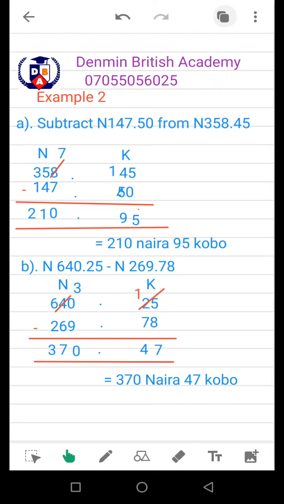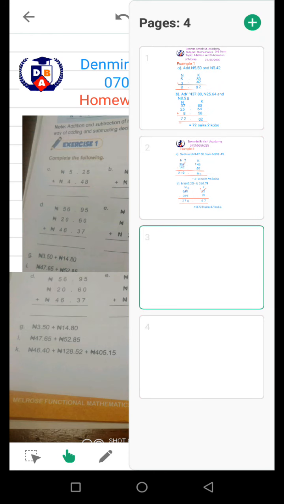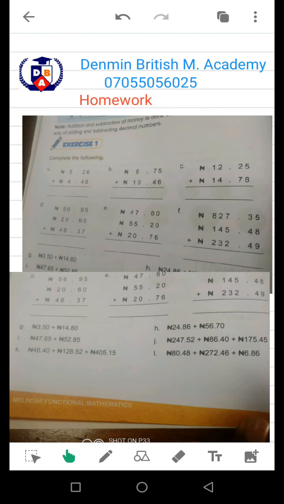The next thing required of you is to do a homework. This is our Merus Functional Mathematics Exercise 1.